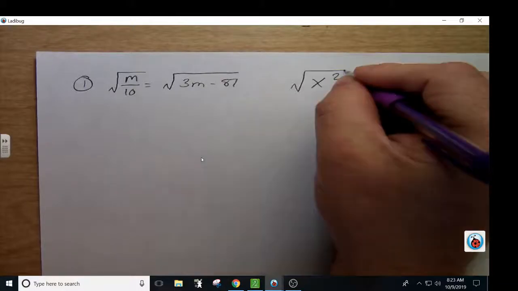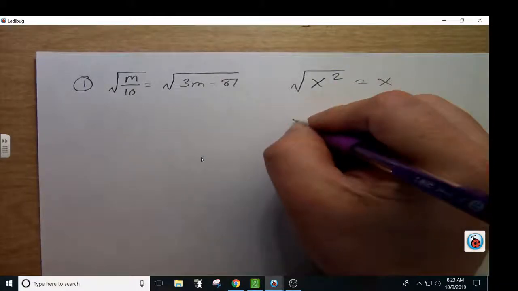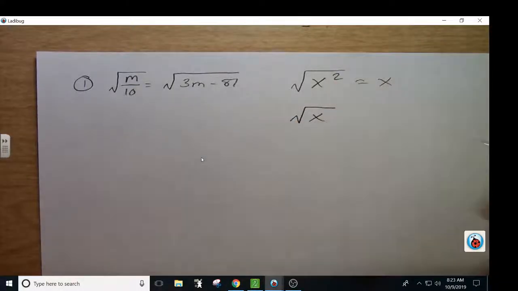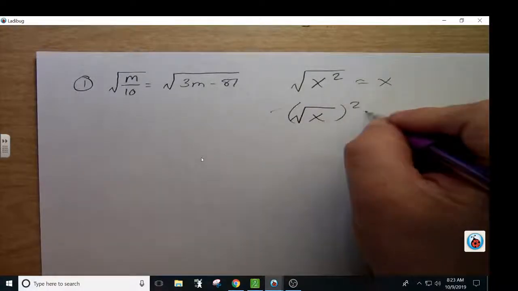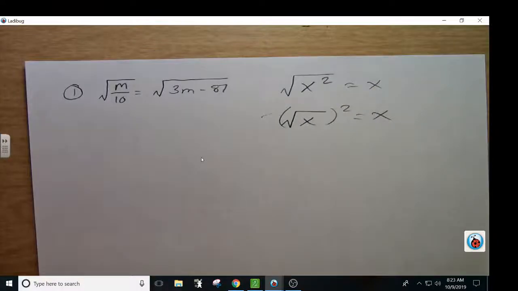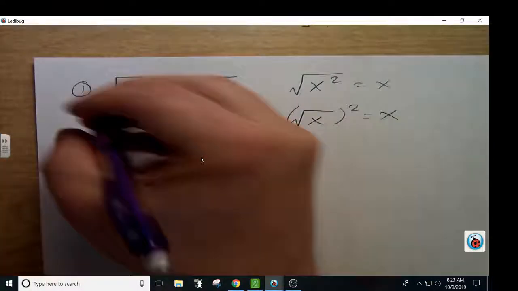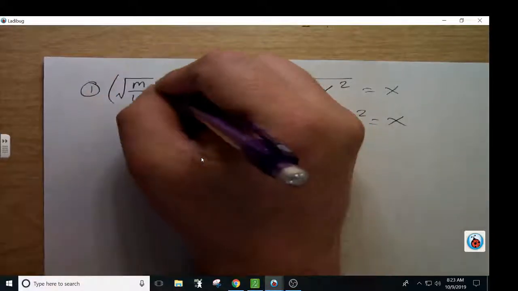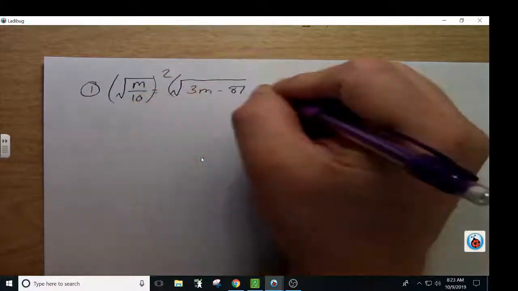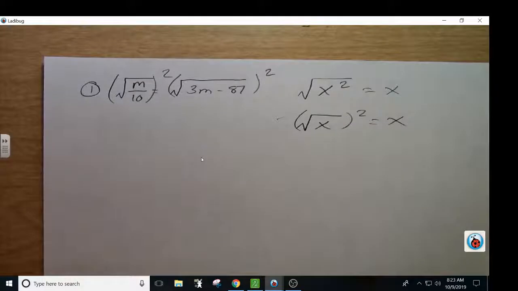Square root, right? How do you think I'm going to get rid of a square root? You square it, right? Those are inverse operations, right? Now, same thing here. How am I going to get rid of these square roots? Square it. Now, what you're going to do, you're going to square both sides. Because, guys, remember, in algebra, you can't do it to one side and not do it to the other. Okay?